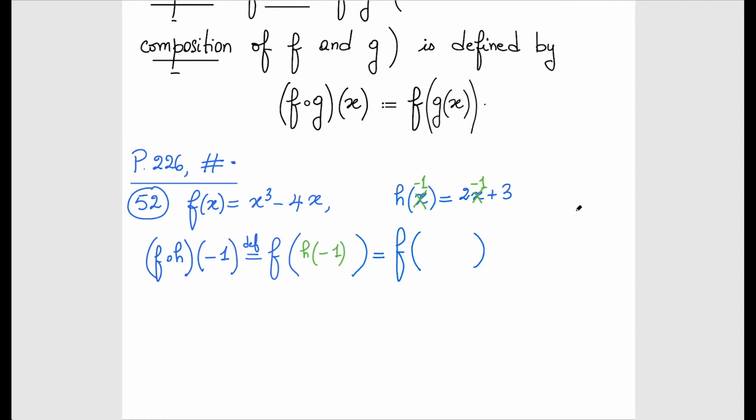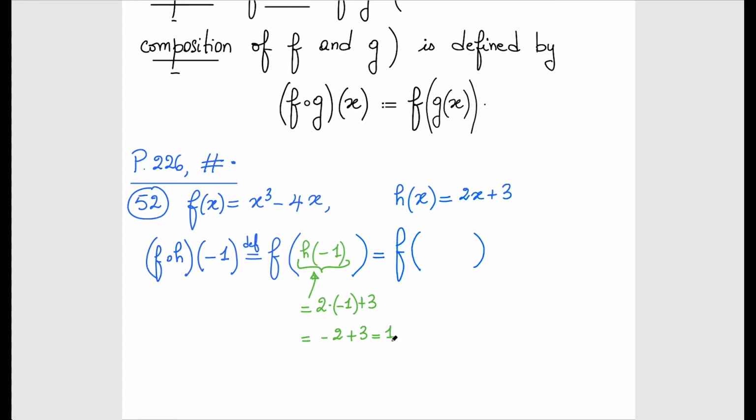So let me write the explanation here. H of -1, as we discussed, equals twice -1 plus 3. I'm following the recipe of the output through h, and this is -2 plus 3, which is simply 1.